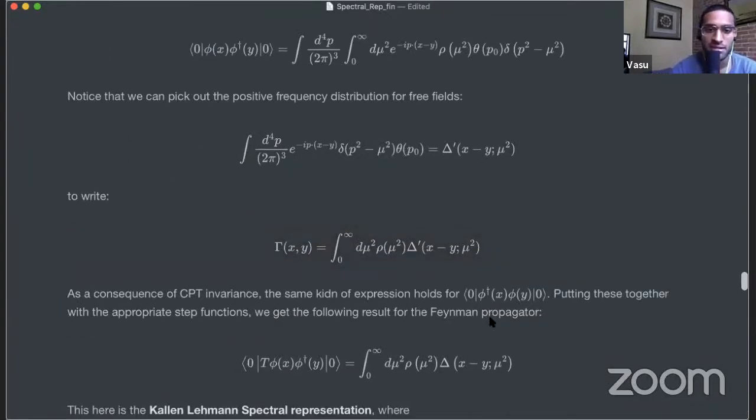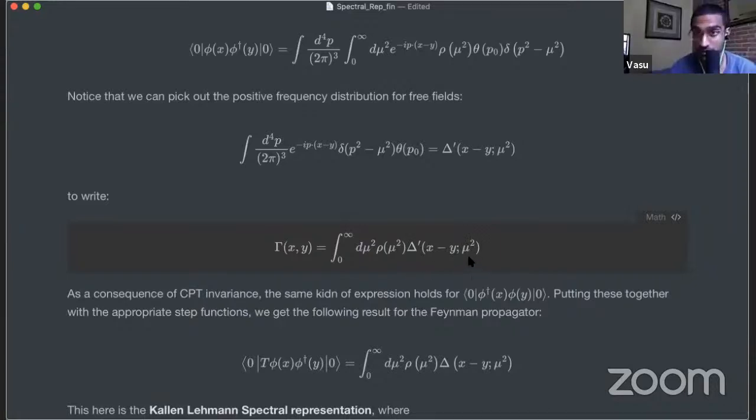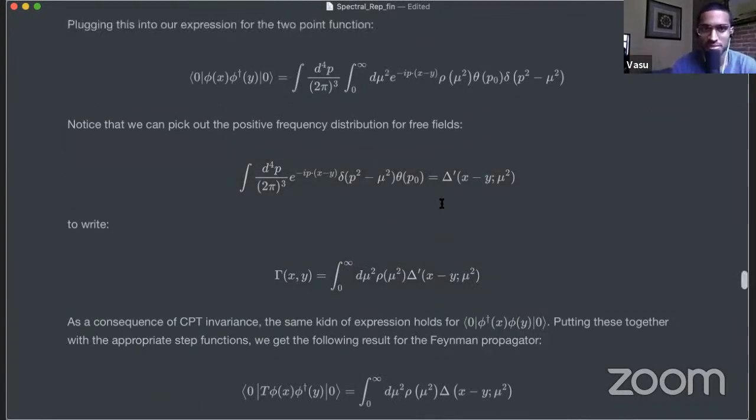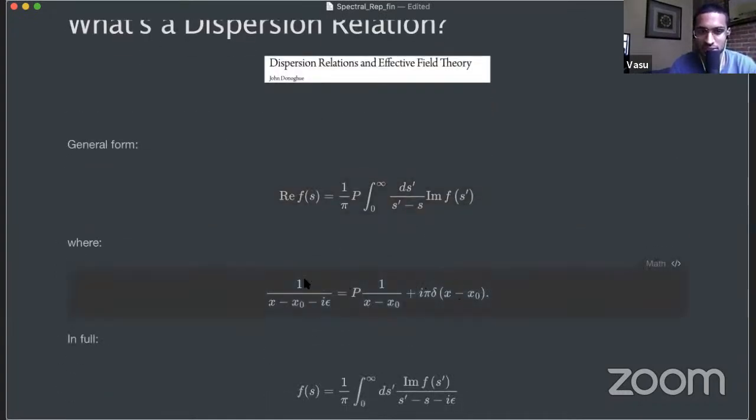So then you can just write the 2-point function as this weighted average over these positive frequency 2-point functions of a free field, right? And because of what we know about the relationship between delta functions and 1 over p squared minus mu squared, you see there's that principal value relation that we had here. So the delta function is just 1 over x minus x0 minus i epsilon minus 1 over x minus x0 plus i epsilon as you take epsilon to 0.